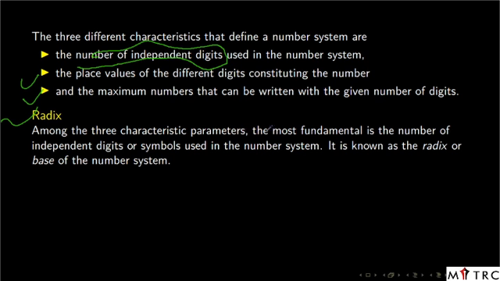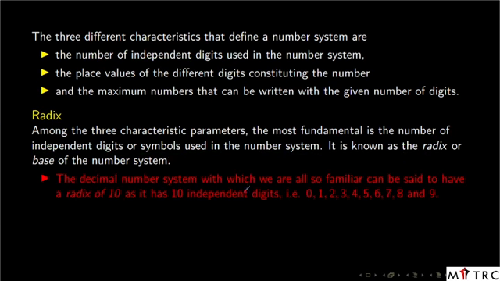Among the three characteristics, the most fundamental is the radix, which is the number of independent digits or symbols used in the number system. We also call it the base. Base and radix of a number system are the same.